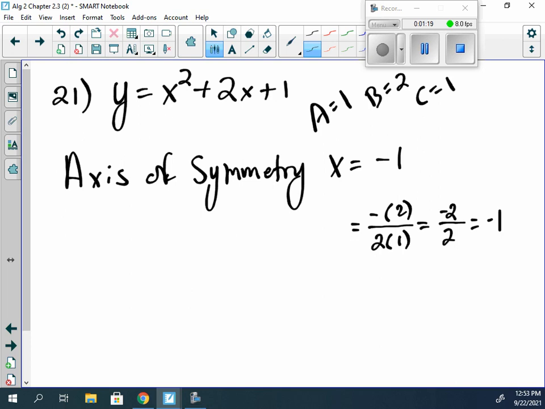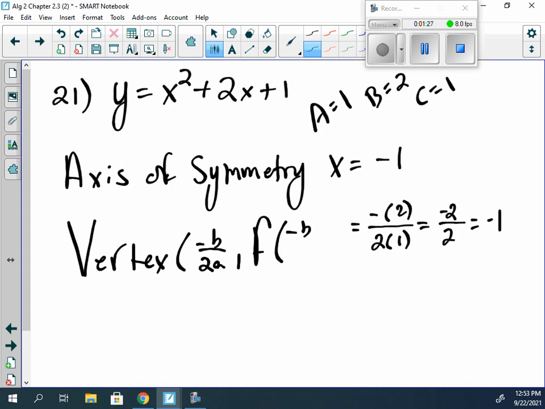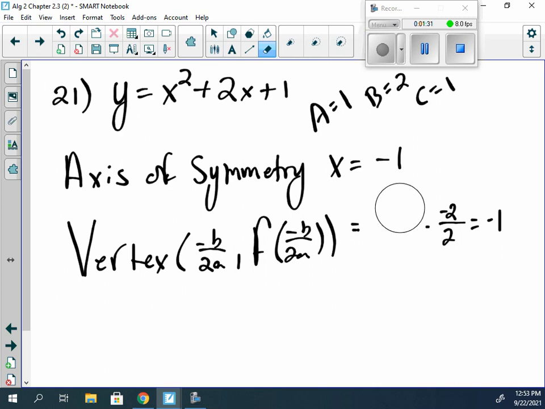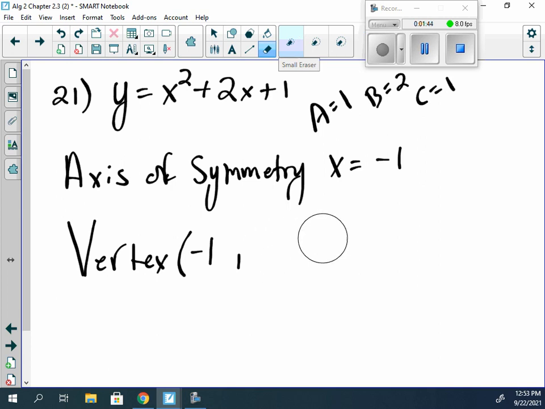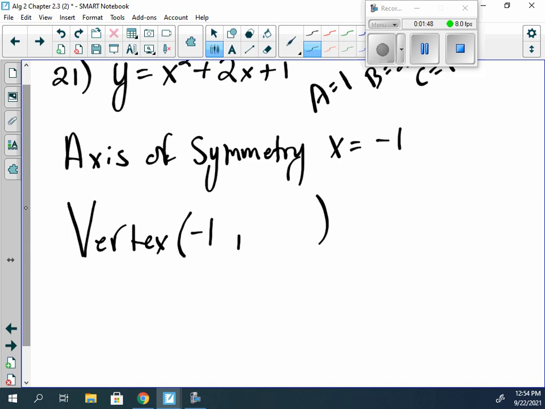Now the other part it asked for was the vertex. The vertex is negative b over 2a, comma, f of negative b over 2a. We already found that negative b over 2a is negative 1, so the only other thing we need is the y value of the vertex.